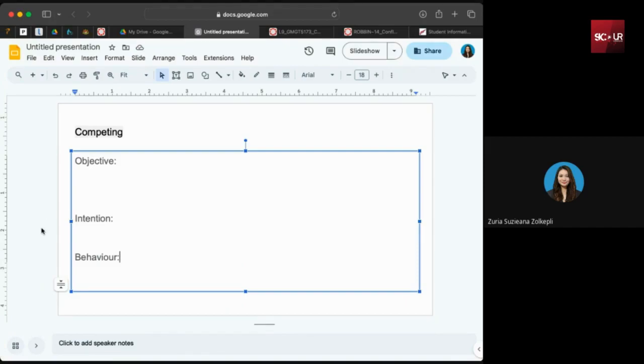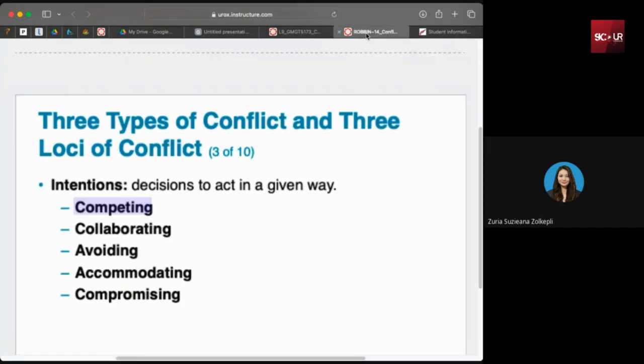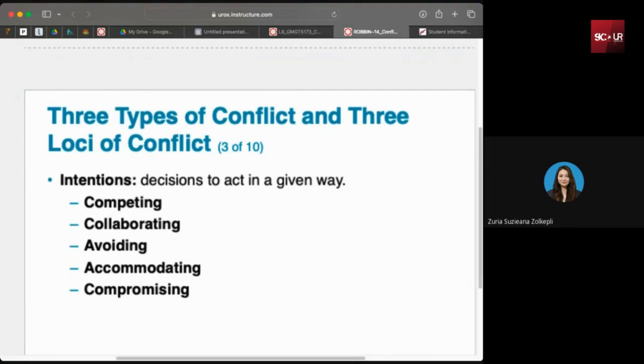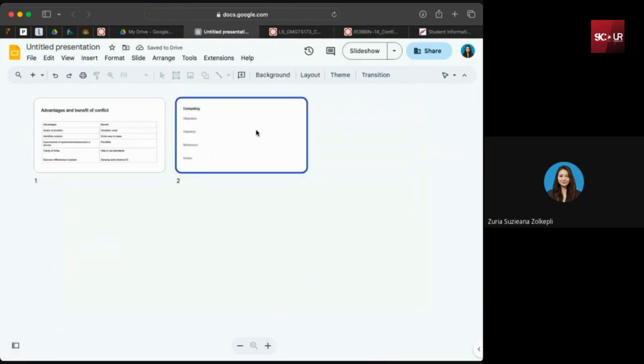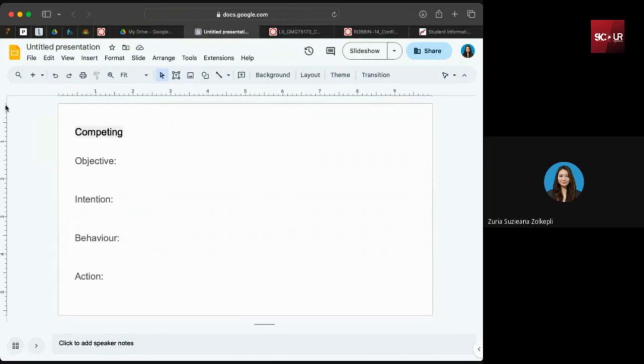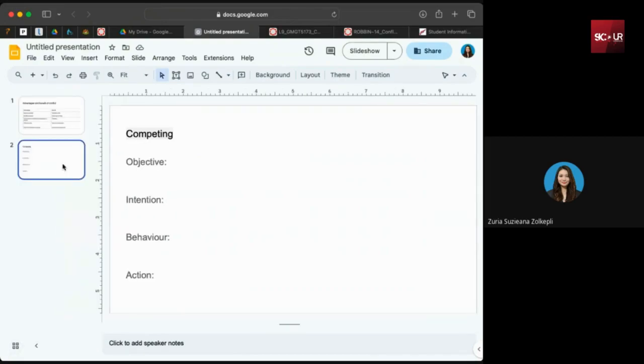This one is to portray your intention, the decision to act in a given way when you are involved in conflict. And then maybe you can identify yourself as well, and then it will lead to action. Let me copy this first because we have 5 of them.